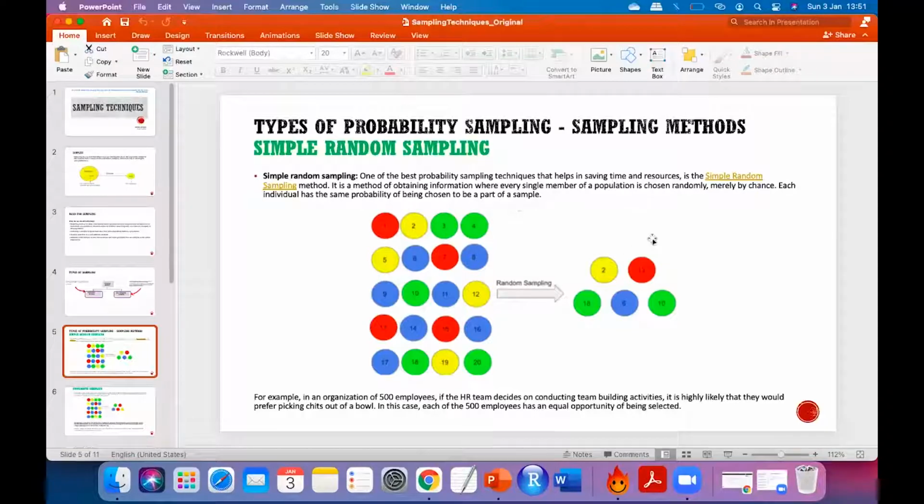Let's say I want 5 observations. In this case, the observation is a ball. It can be a human, a ball, any object, any reading, anything. For now, let's consider it a ball. So if I want 5 balls in my sample, I'll randomly select 5 balls.